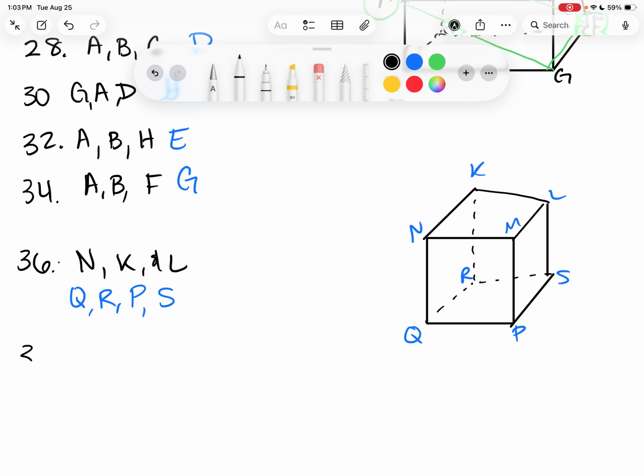38. P, Q, and N. Not P, R. Sorry. Is there a typo? We do have a P. It's over here. P, Q, and N. So which points are not coplanar with P, Q, and N?